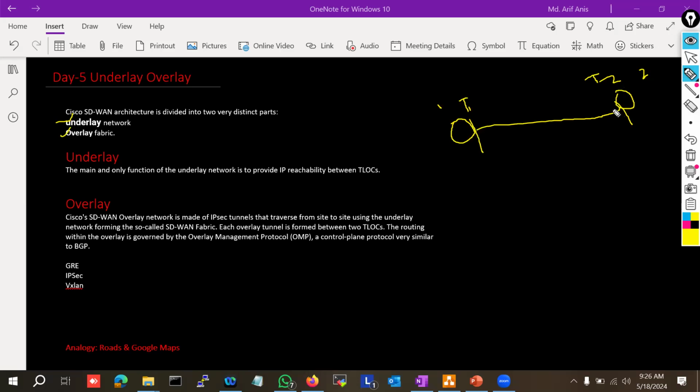So providing reachability between two TLOCs is the main purpose of the underlay. The underlay is the physical connectivity between two sites.